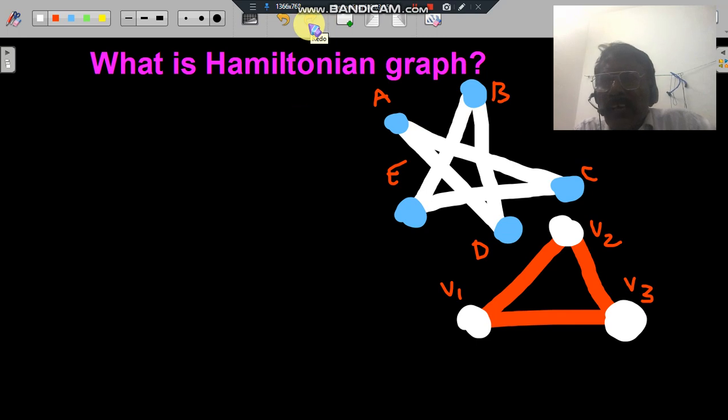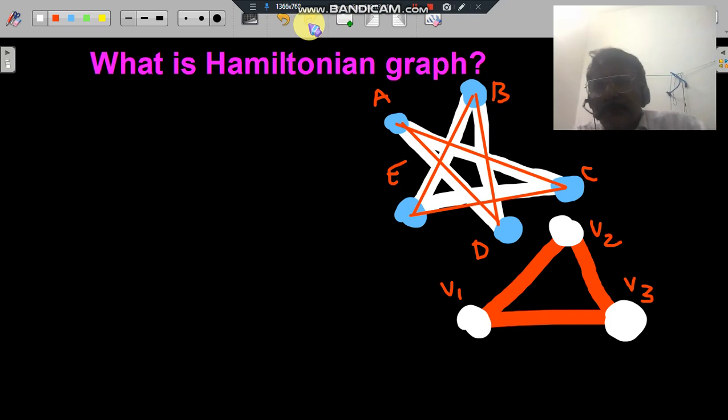Now I am going to make a cycle again from A to C, from C to E, from E to B, and then from B to D, and then again from D to A. Now what you see here is that when I draw this particular cycle starting from A to C, C to E, E to B, B to D, and D to A, each vertex comes only one time.